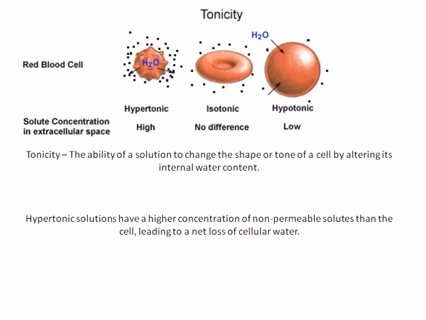Osmosis is the movement of water from higher concentration to lower concentration. In this case, there is a higher concentration of intracellular water, and water moves from the cell to the extracellular space. Because of the loss of water, the cell begins to shrivel or crenate.